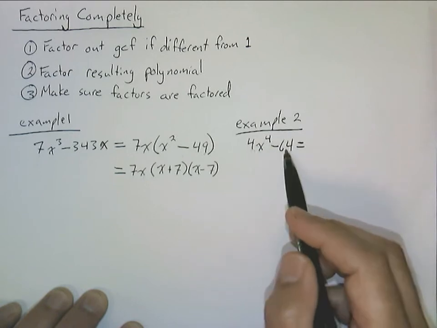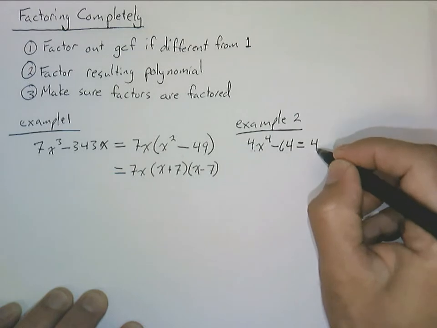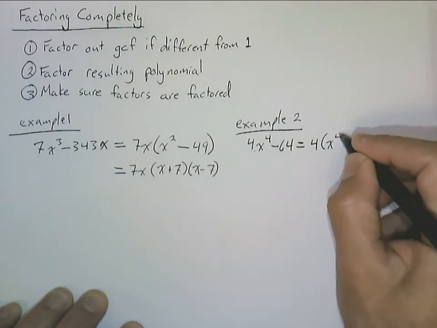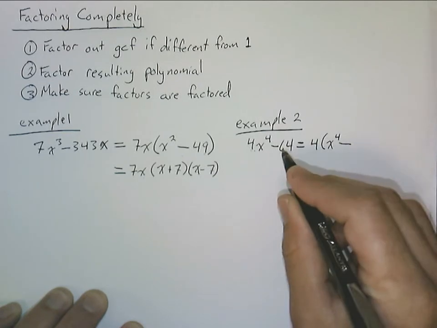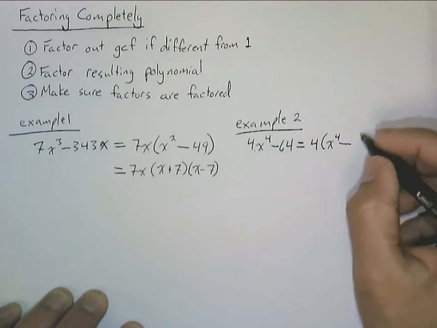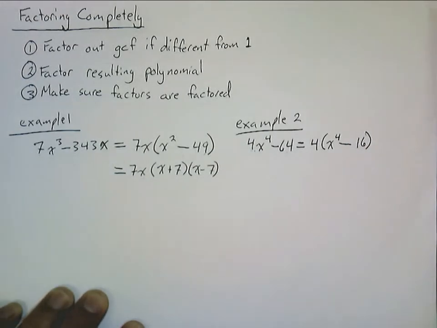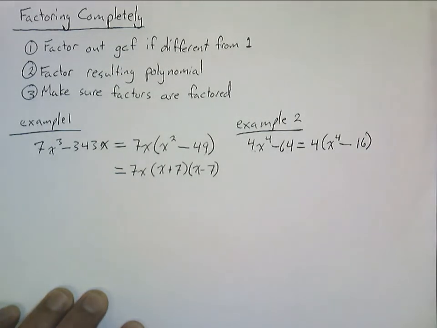But a factor of 4, of course 64 does have a factor of 4 in it. So we'll factor that GCF of 4 out. And what we're left with is the x to the 4th in the first term minus, now we've pulled out a factor of 4, and 64 is actually 4 times 16. So the resulting polynomial is x to the 4th minus 16.